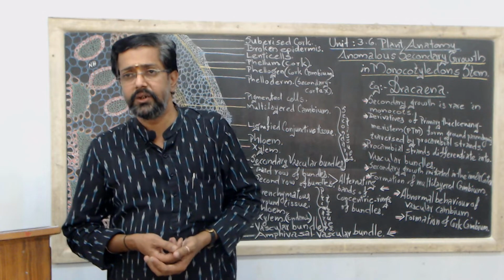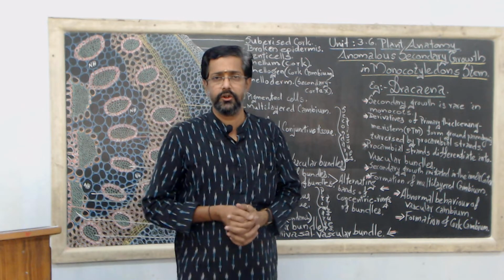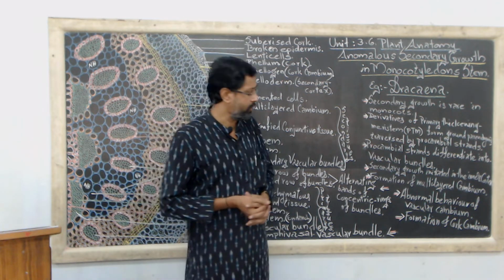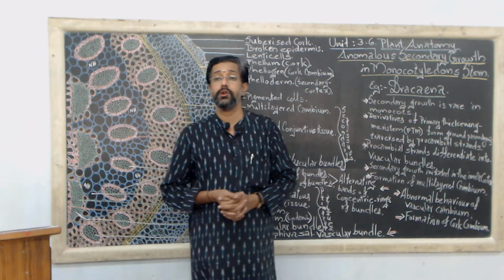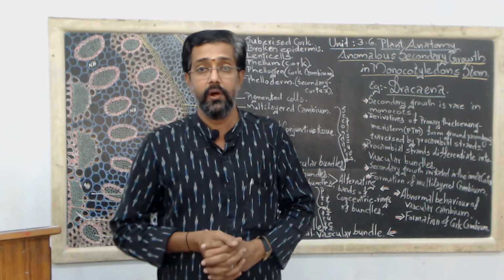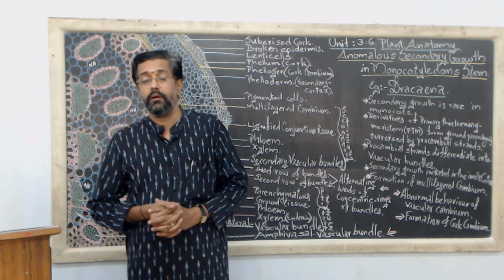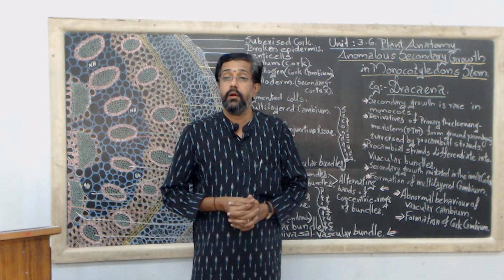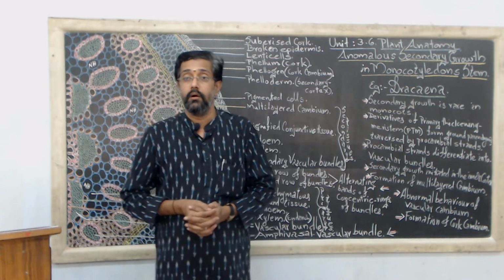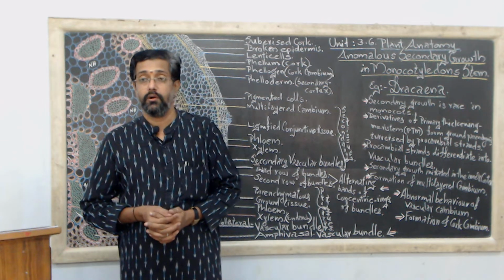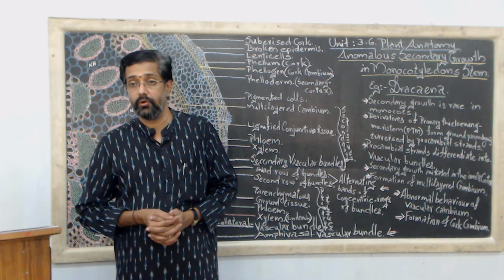In the young condition, Dracaena even shows the normal development of vascular bundles, and they are collateral and closed bundles, which is seen in monocots.